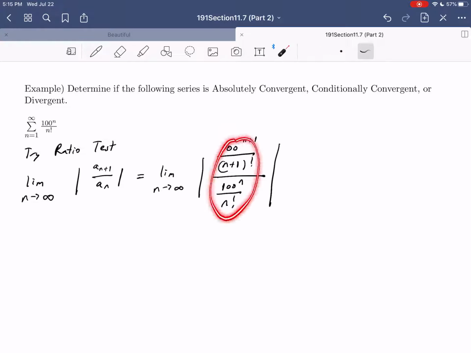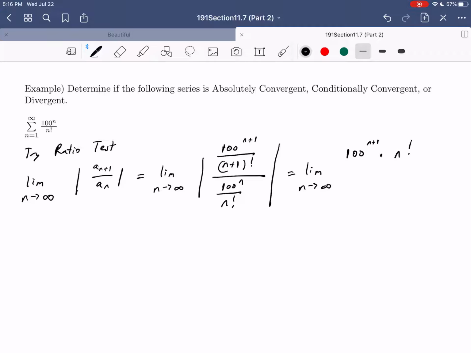Then all of this is always positive, so we can drop the absolute value bars and also swing this up here and this down here. So we should get the limit as n goes to infinity of 100 to the n plus 1 times n factorial over 100 to the n times n plus 1 factorial.